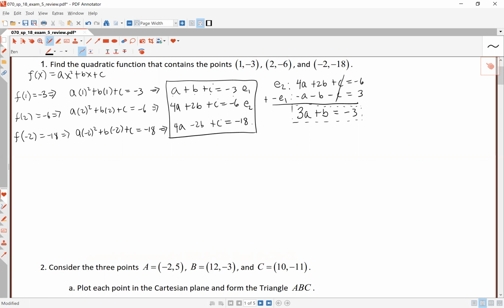Now what we do to get our second equation for the second step is we do E3 minus E1, or E3 plus -E1. Equation 3 is 4a minus 2b plus c equals -18. Minus equation 1 is -a minus b minus c equals 3.